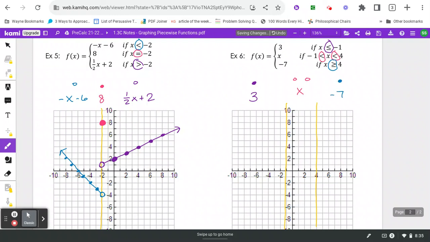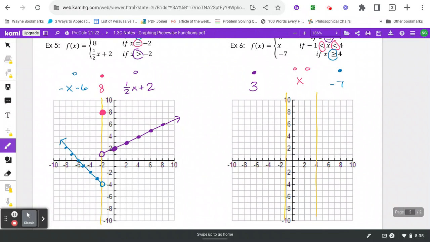So remember, anytime you have a number without a variable, without the x, it's just a straight line. So this one's going to be a straight line all the way down at -7 here. Closed dot there. Then we're going to go to the middle and just graph the x. Remember, x is 1/1 x plus 0. And on each of the yellow lines on each side, it's going to have an open circle.